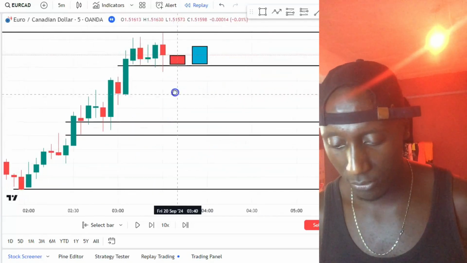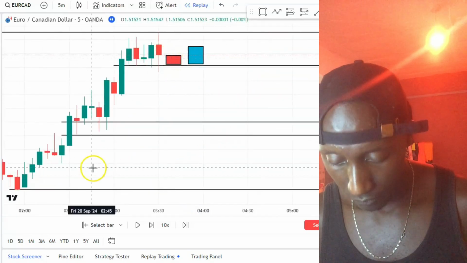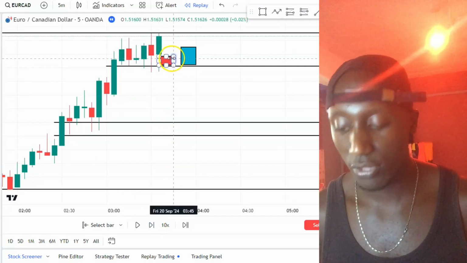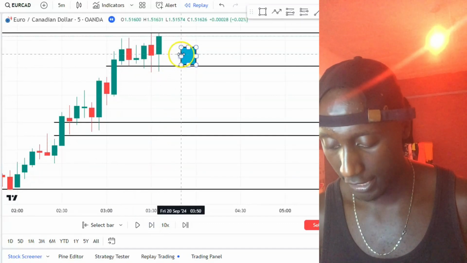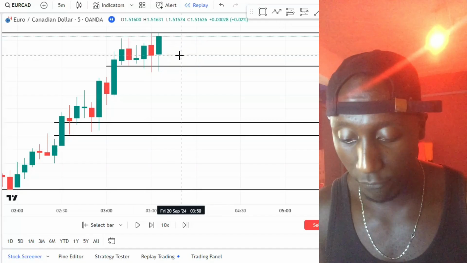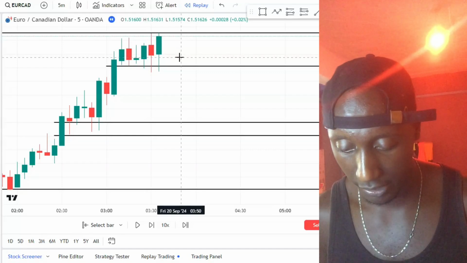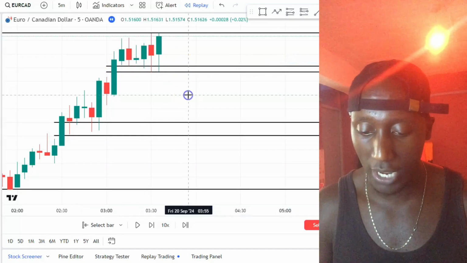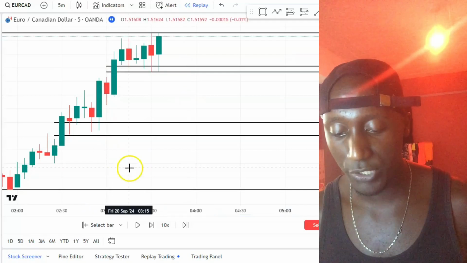So let's just see what price does. The next candle we have, boom, it's a bullish candle. So that confirms to us that now we have a specific level at the high of the week. Now we can draw our two lines to show us the zone, and then now we just wait.